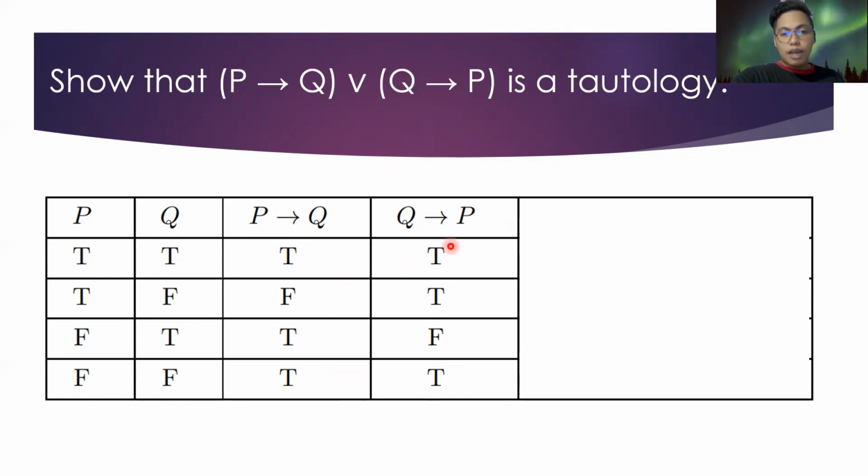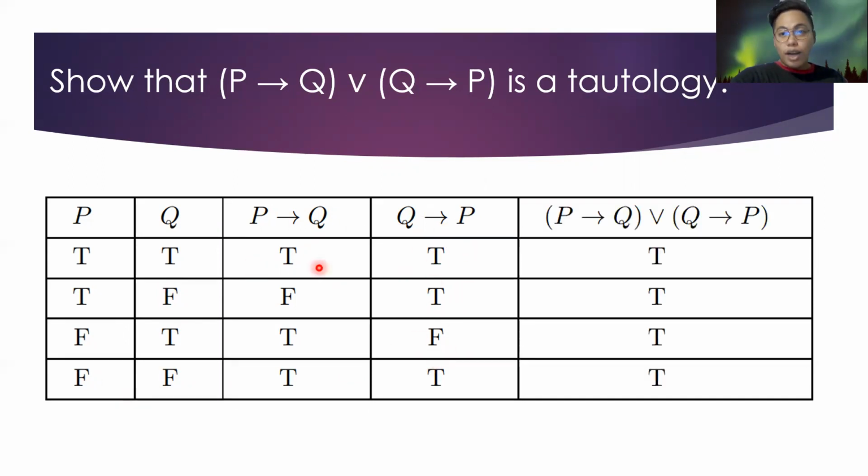Now we are going to combine these two compound statements' truth values with or. Remember, with or, at least one should be true for it to be true. So there should be at least one true there, because with or, you are choosing one statement between the two. You're making an option. So if there's at least one true there, it will be true.